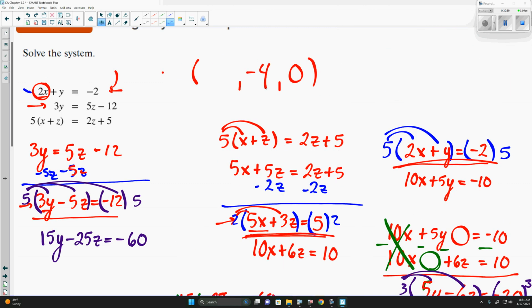Questions on how we found y or z? Now we just need to find x, yes?